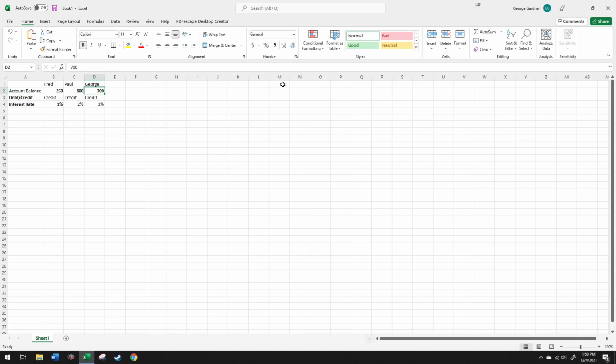Now, what if you want more than one breaking point? Well, you can do what's called a nested IF statement. If you're familiar with programming, you already know this, but we're going to nest something inside here. So what if we really want to incentivize somebody? If you have over $1,000, then you get 3%. You can set this up however you want, and there's more than one way than what I'm going to do.